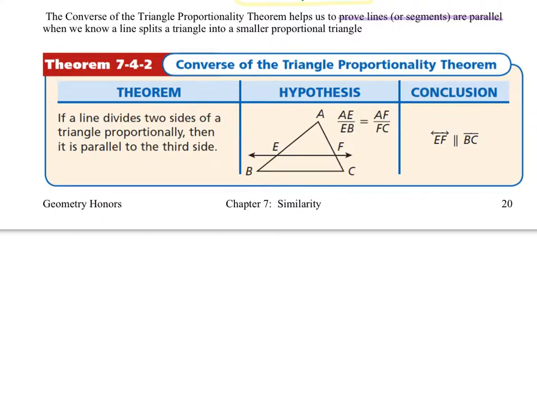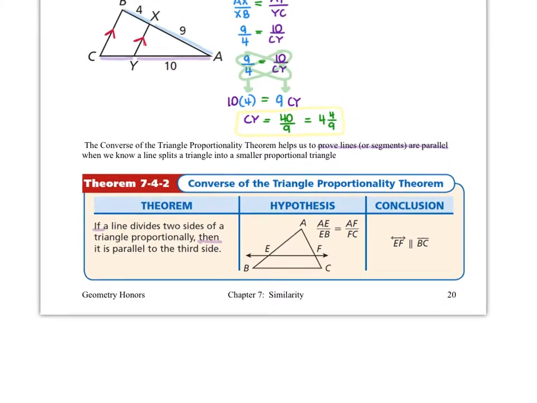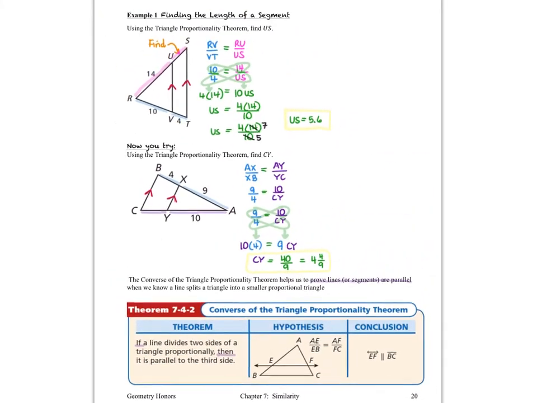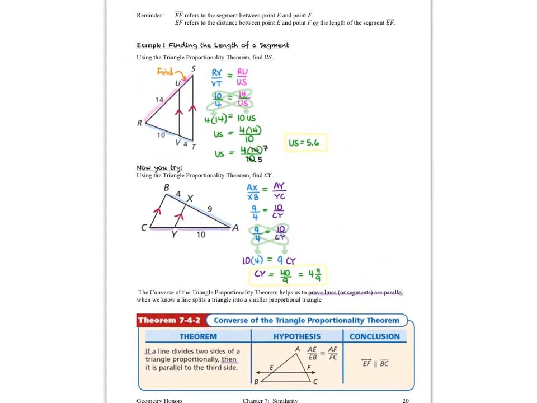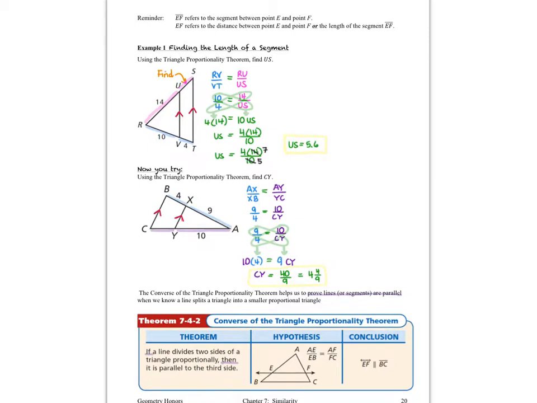So the theorem reads, if a line divides two sides of a triangle proportionally, then it is parallel to the third side. Remember, our if-then is reversed, and what we're trying to do is to prove that a segment or line is parallel to one of the sides of our triangle. Let's take a look at example 2 on the next page where we will be using this theorem.